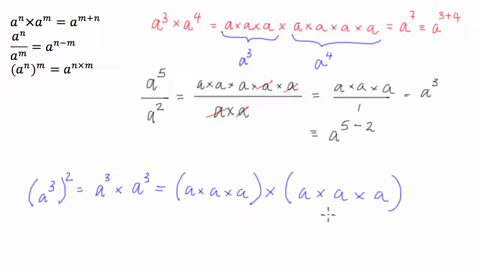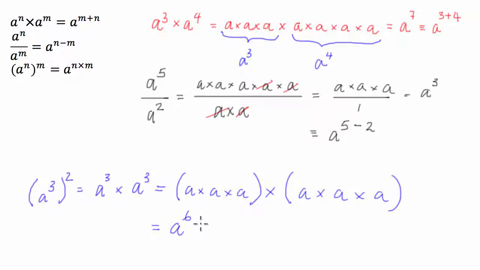So these brackets don't need to be there. I've just put them there to separate the first a cubed from the second a cubed. And what we do then is, you can see this a times a times a times a times a times a is equal to a to the power of 6.